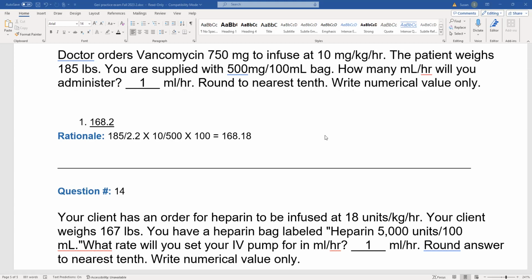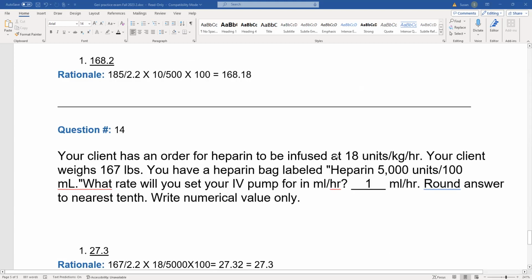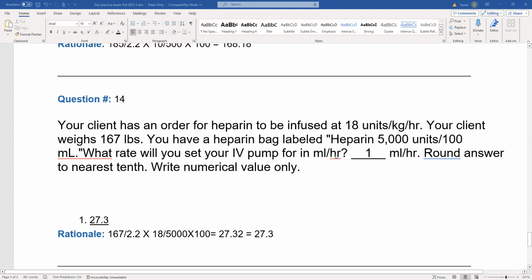Yeah, 27.3. Okay. I still always double check myself because I do a lot of these late at night. It's just always good to double check yourself because I'm human. I can make mistakes. But I like it when you guys find my mistakes because that tells me that you're learning.